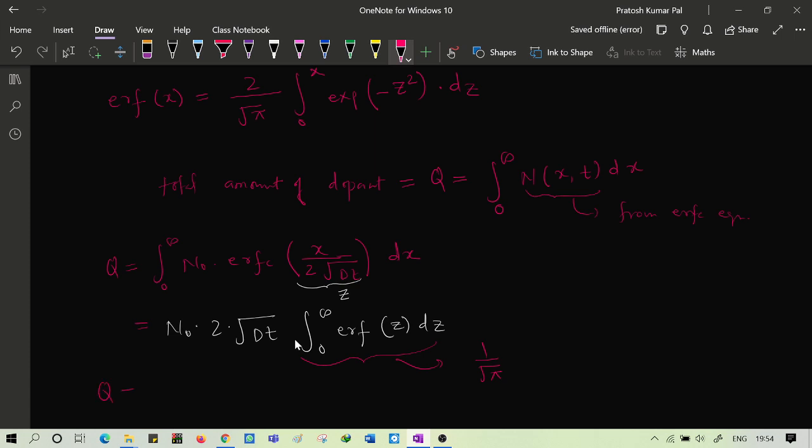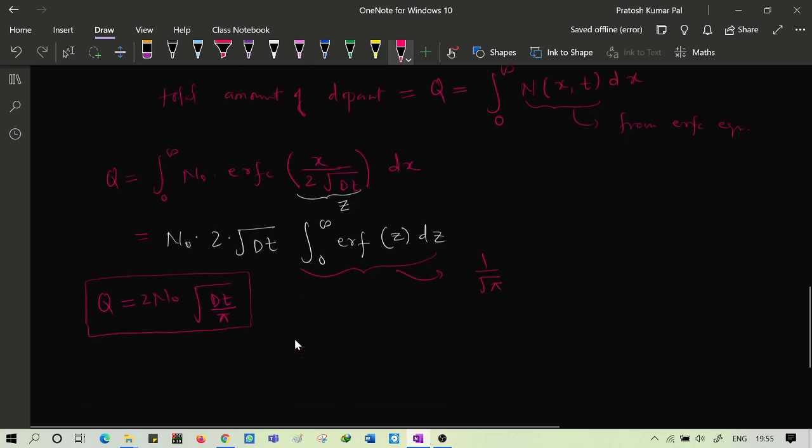So finally, the Q value is 2 N naught under root Dt by pi. This is the total amount of dopant, that is impurity, available in this crystal, which can be derived by differentiating with respect to the diffusion depth, that is dx.